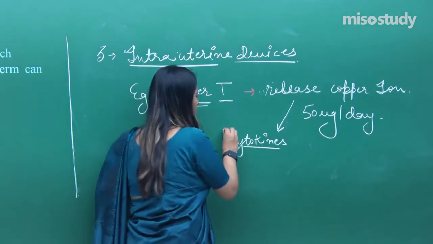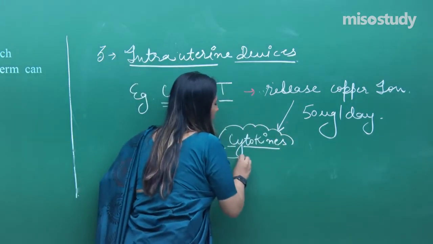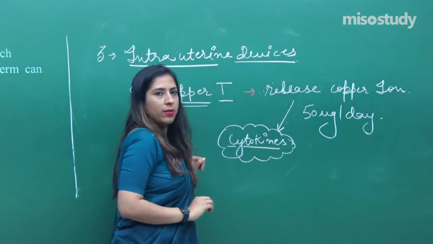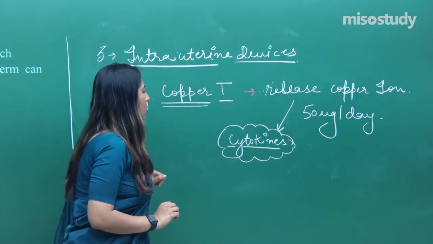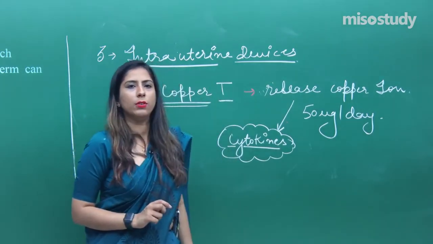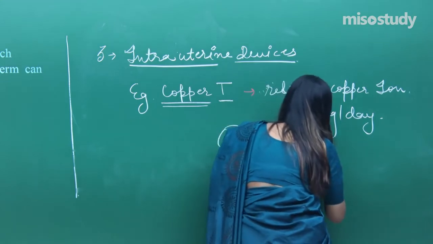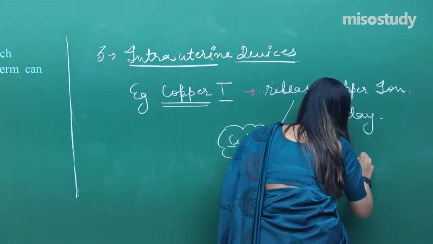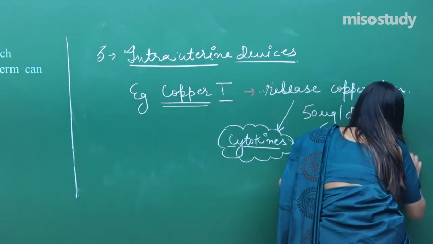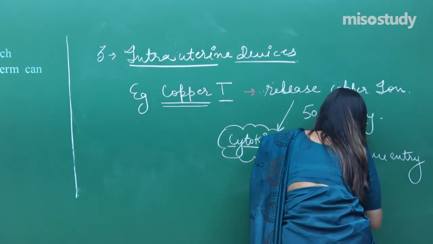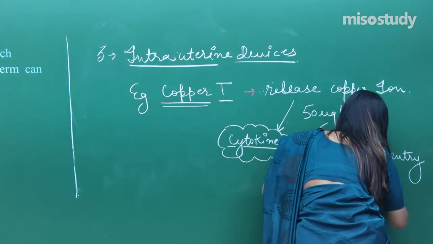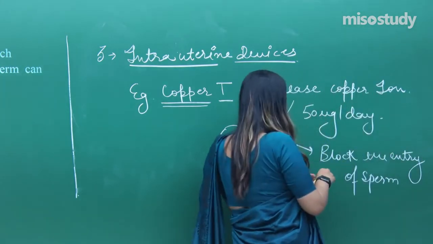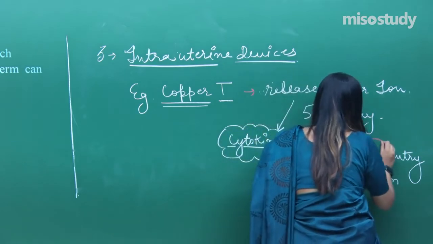Hope you remember this as well. Cytokines are the immune cells released by the immune system. So these cytokines block the entry of the sperm.